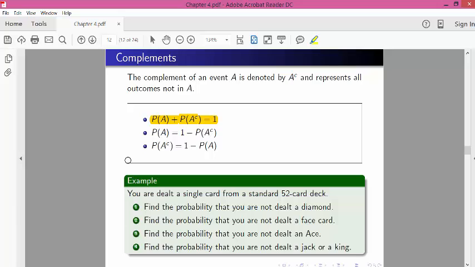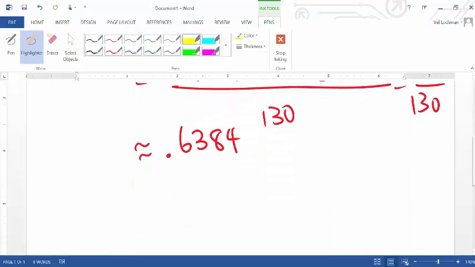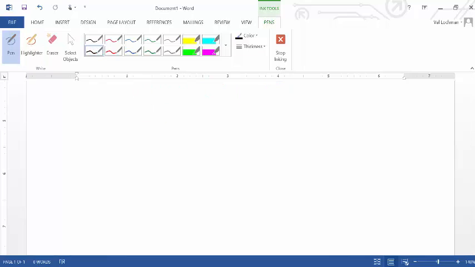Okay, so let's just take a look at one of these problems. You have a 52 card deck. What is the probability that you're not dealt a diamond? So let me go back up here and we'll do probability not diamond.